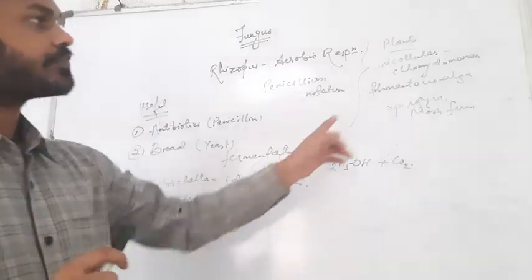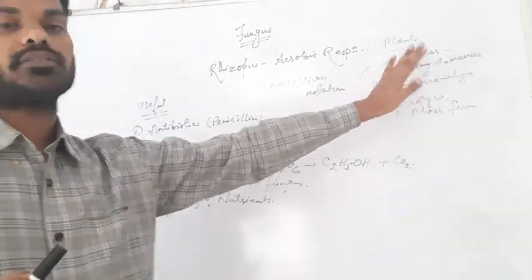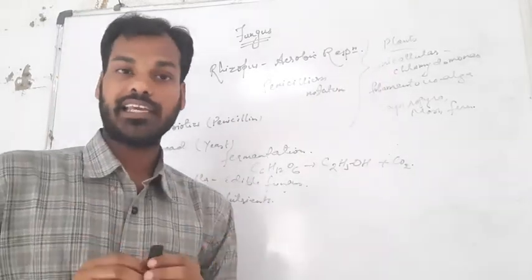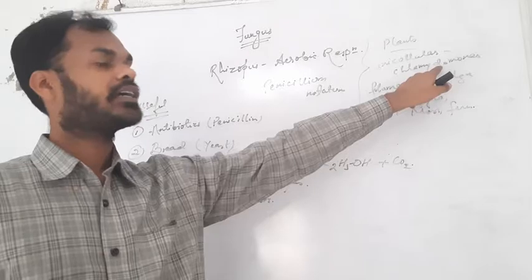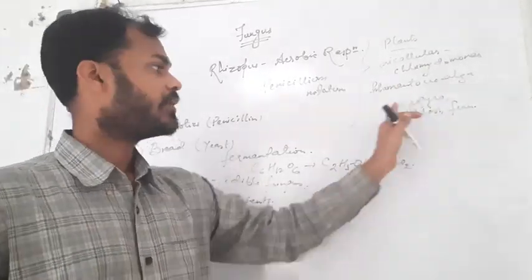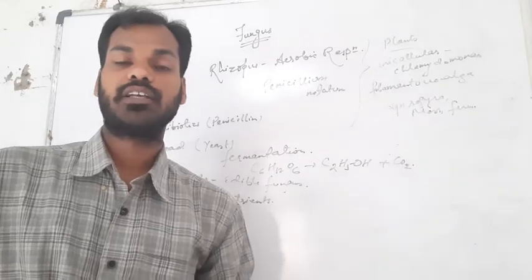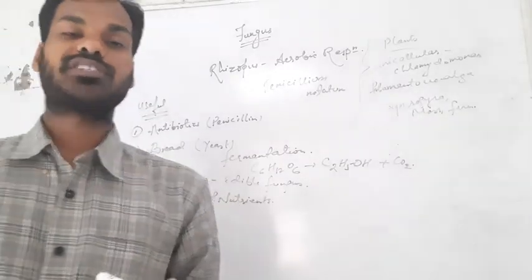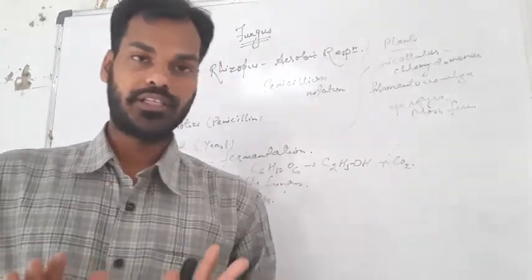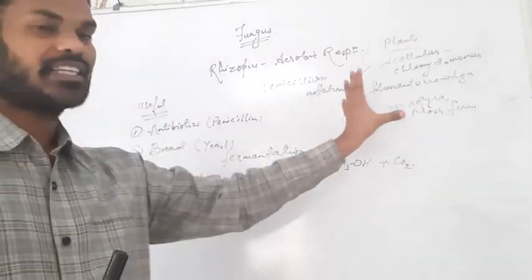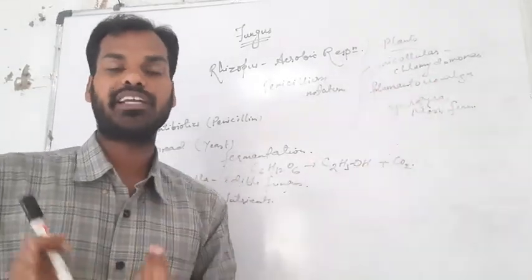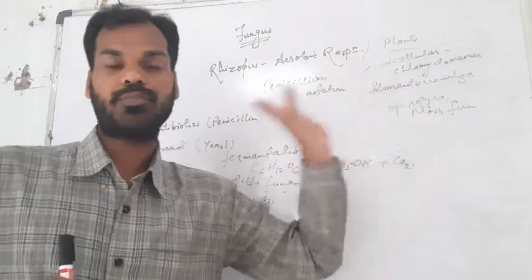Examples: in unicellular algae there is Chlamydomonas, in filamentous algae there is Spirogyra, and then moss and fern. Some plants have root, stem, leaf, flower, and fruit, but in other plants you will not see all these. Many other plants such as mango tree, neem tree, and peepal tree are examples of plants.